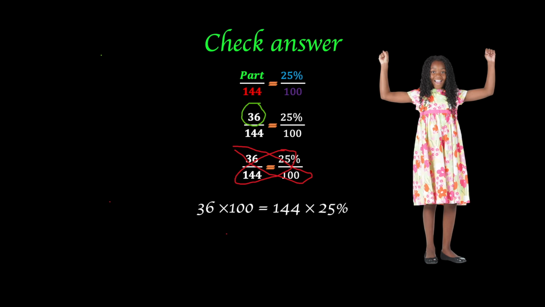If both sides come out the same, our answer is correct. 36 times 100 is 3,600. 144 times 25 is 3,600. As a result, our answer for the part is 36, and that's correct.